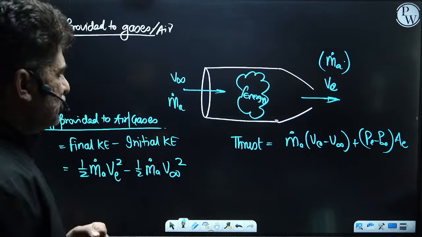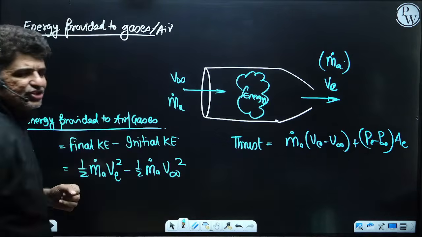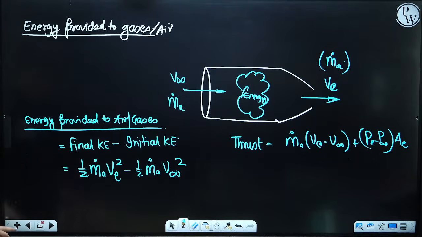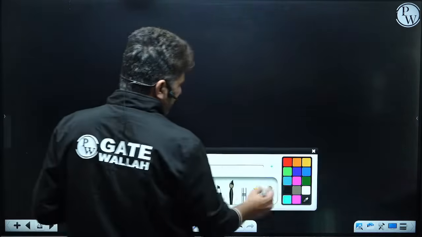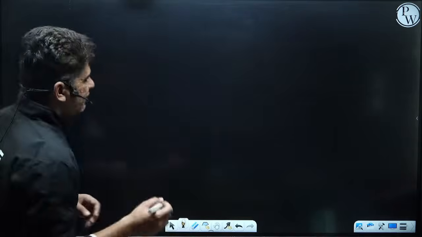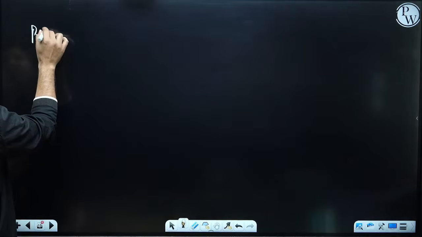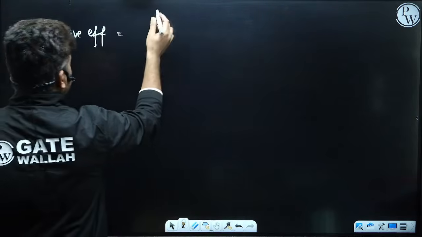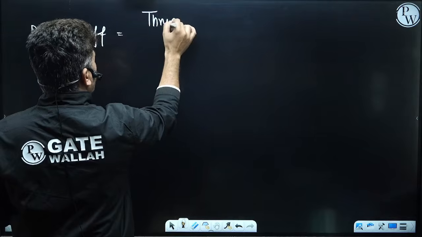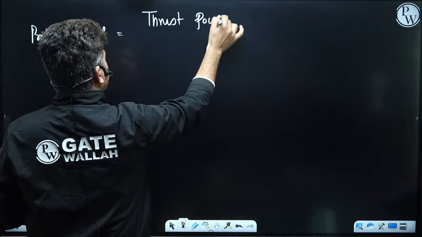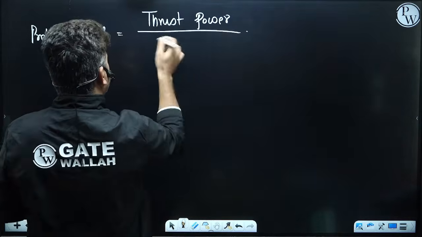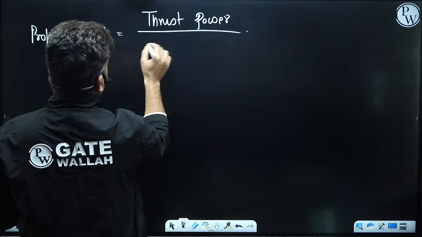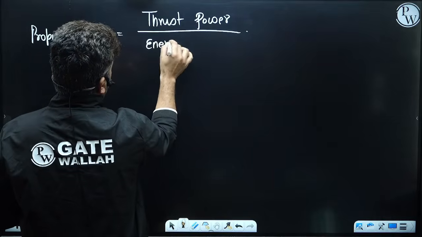So the thrust which is generated is over here, and the energy that you are providing is over here. So can we calculate the propulsive efficiency? The propulsive efficiency is defined as the thrust power generated, divided by the propulsive energy, or the energy imparted to air.